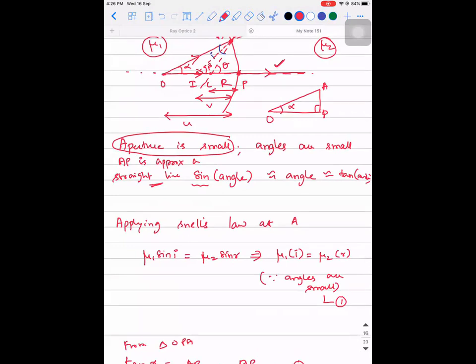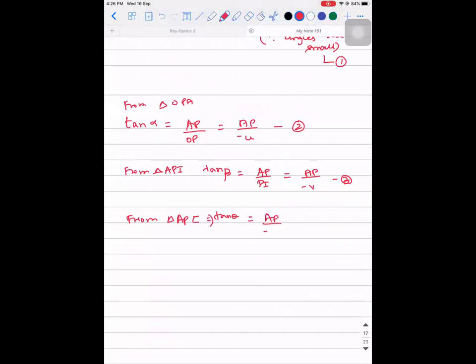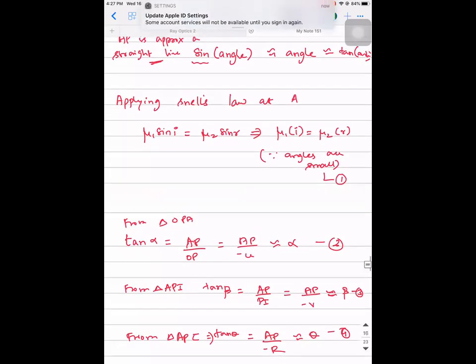From triangle APC, tan theta is equal to AP divided by minus R. So this is 4. Remember, since the angles are small, what is the approximation we can do here? This will be approximately alpha, this approximately beta, and this approximately theta. Let these be 2, 3, and 4. Go through this. Is there any doubt in any of these steps?